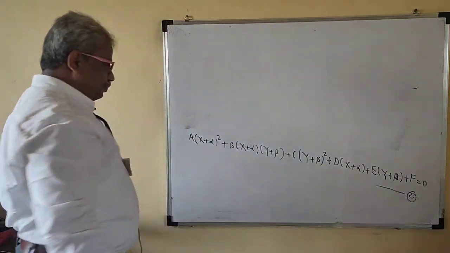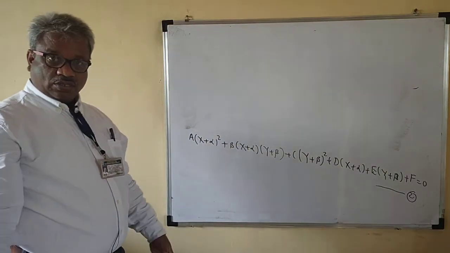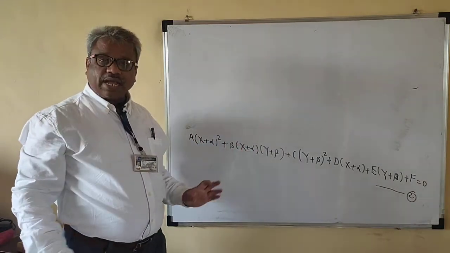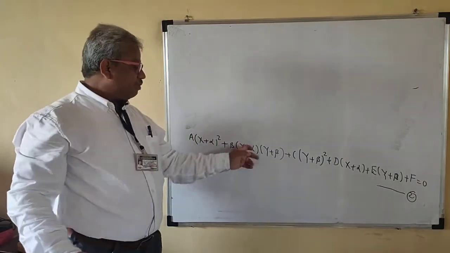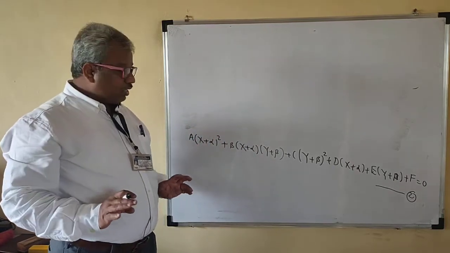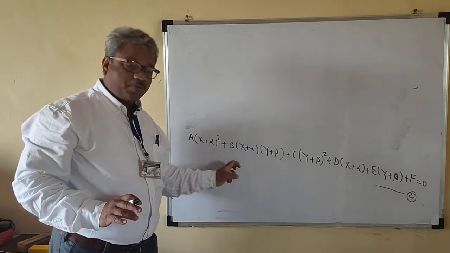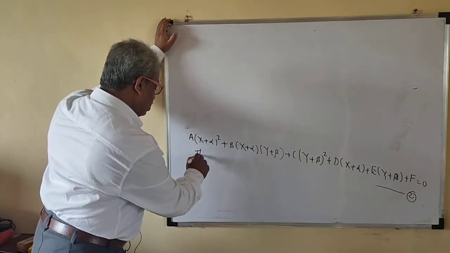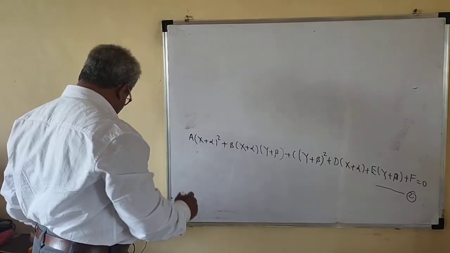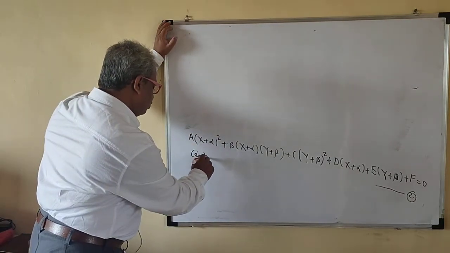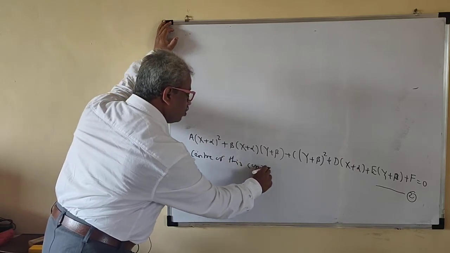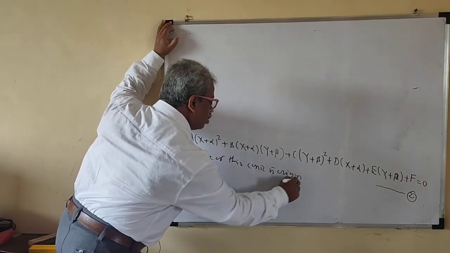This is a new equation. The center of this conic is alpha and beta, so the center of this conic is the origin.